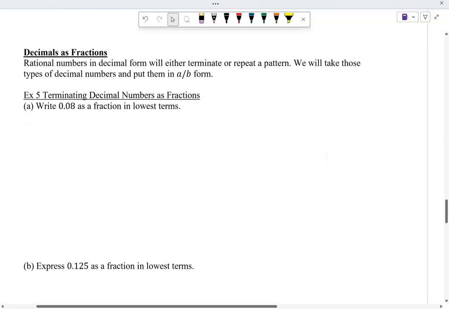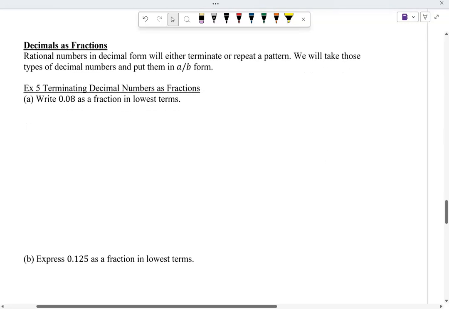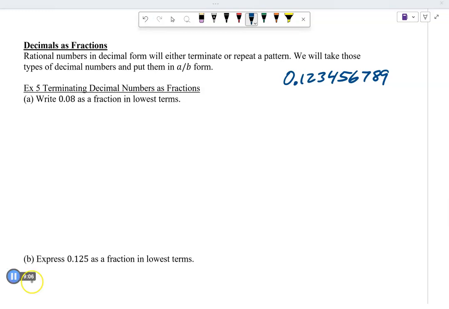All right, now let's go ahead and write these decimals as fractions in lowest terms. And if you remember, if we can read this, that would be very helpful.